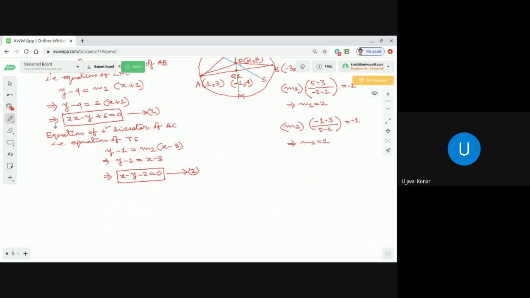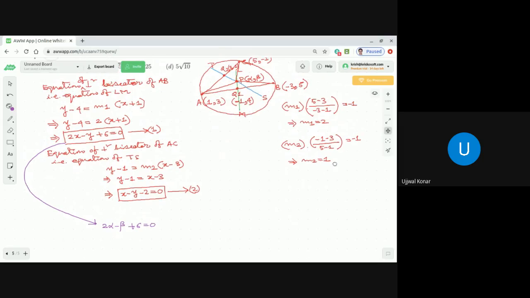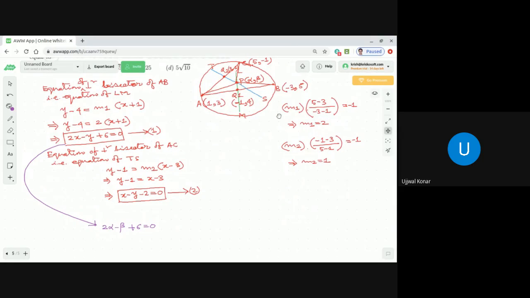We can write from here, let me use a different color. From here we can write 2 alpha minus beta plus 6 equal to 0, because we took alpha, beta as the coordinate of the point P. And also from this one, we can write alpha minus beta minus 2 equal to 0.